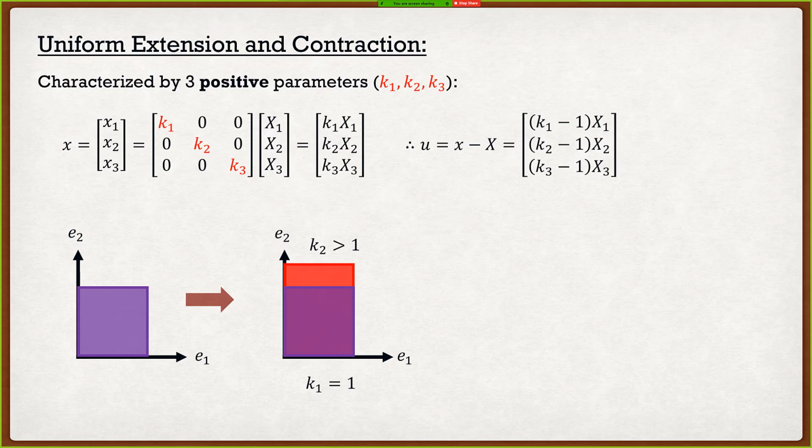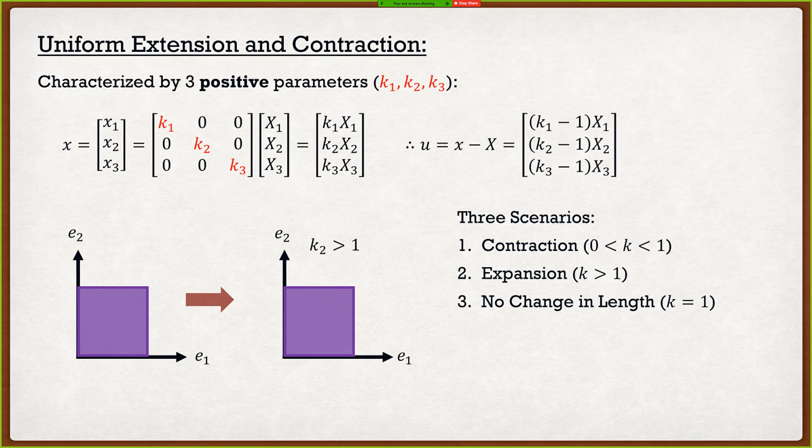On the other hand, we can take K1 to be less than 1 but greater than 0. If this is the case, we now have contraction rather than expansion. So K here leads to 3 different scenarios. The first one is contraction if K is between 0 and 1. The second one is expansion or extension if K is greater than 1. And the third one is no change in length if K is equal to 1.